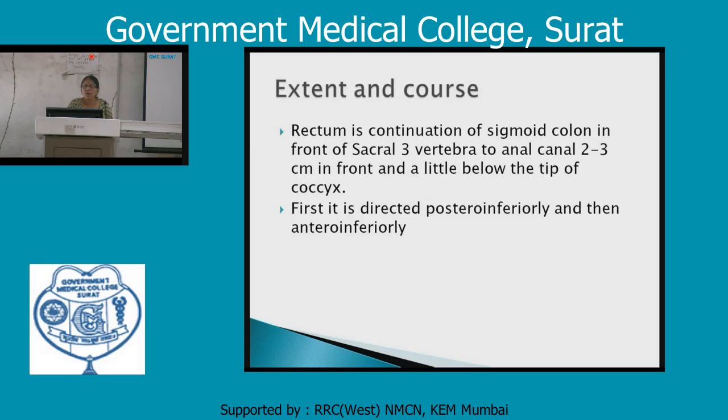It continues as the anal canal at a point 2 to 3 centimeter in front of and a little below the tip of the coccyx. So this is the extent of the rectum, from the third sacral vertebra to just below the tip of the coccyx. We'll see this in the diagram.